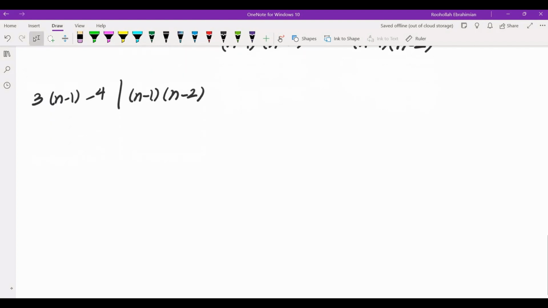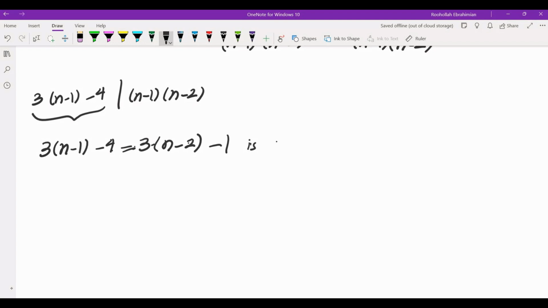If we take this mod n minus 2, we see that 3 times (n minus 1) minus 4 is equal to 3 times (n minus 2) and then minus 1. So this is obviously relatively prime to n minus 2, which means 3 times (n minus 1) minus 4 must divide n minus 1.